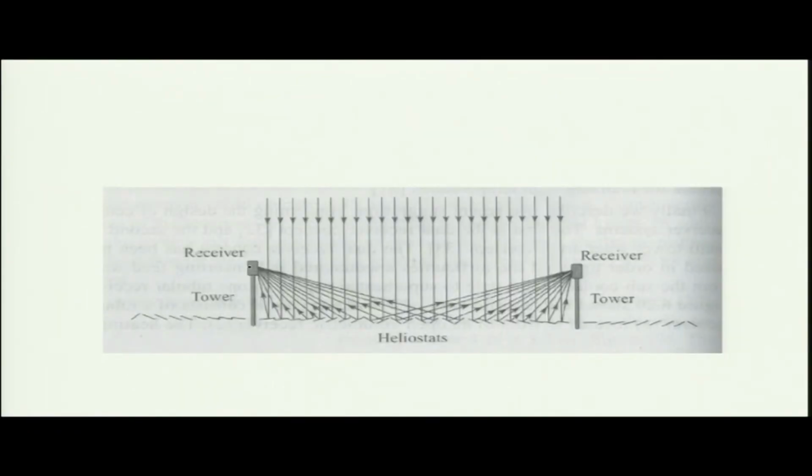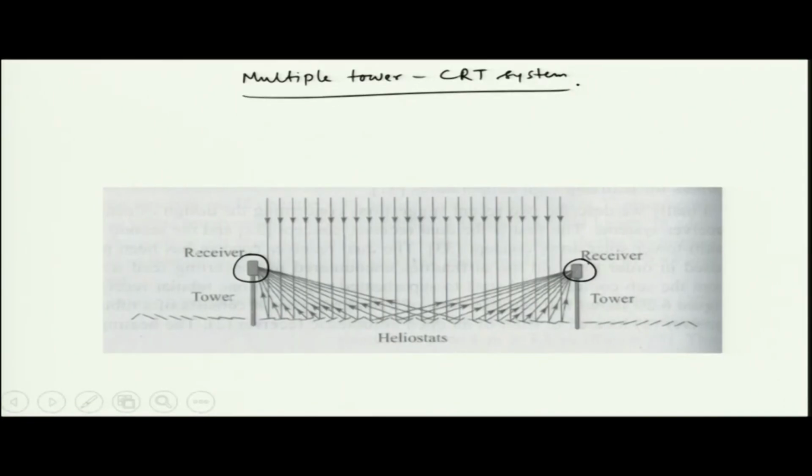Now, another variation you can have with these things is multiple towers with multiple receivers, a multiple tower CRT system. Okay. So, that is also possible. Why do we need it? We do not have enough time to go in details of designing this central receiver tower or heliostat field layout.